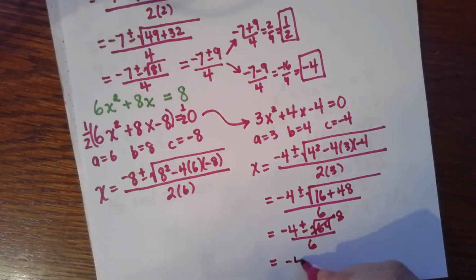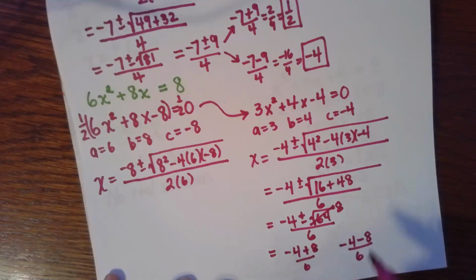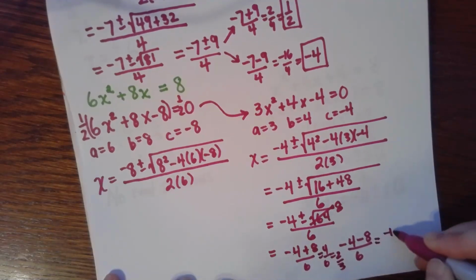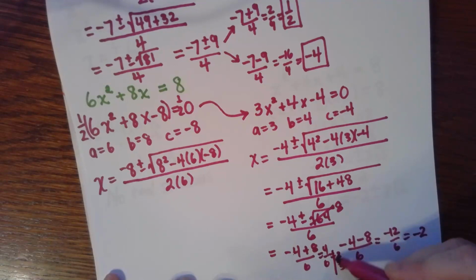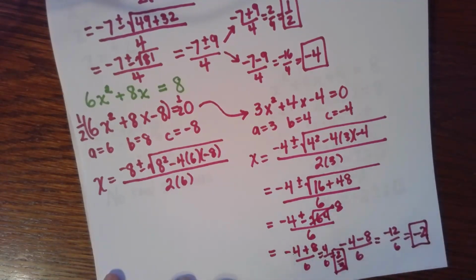So we've got negative 4 plus 8 over 6, and we've got negative 4 minus 8 over 6. So this one is 4 over 6, or 2/3, and this one is negative 12 over 6, or negative 2. So 2/3 and negative 2 are our solutions there.